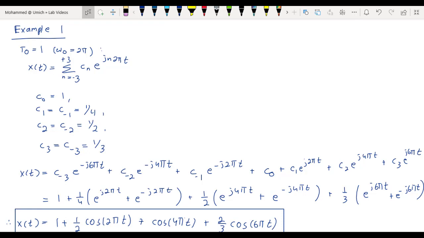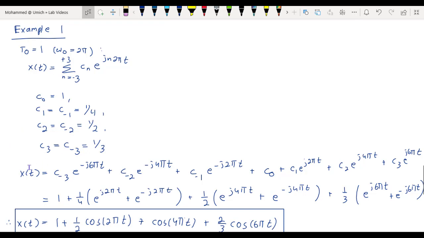So consider a periodic signal x of t with period T0 equals 1, or omega naught equals 2 pi, that can be expressed in the form of the complex exponential Fourier series expansion as x of t equals the sum from n equals minus 3 to 3 of Cn e to the power j 2 pi n t, where C0 equals 1, C1 equals C minus 1 equals 1/4, C2 equals C minus 2 equals 1/2, and C3 equals C minus 3 equals 1/3, and all the rest of the Fourier coefficients are 0.